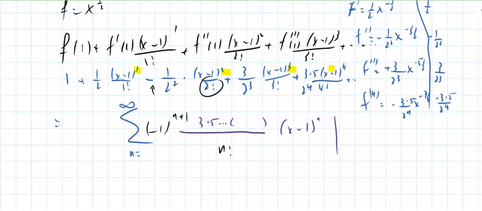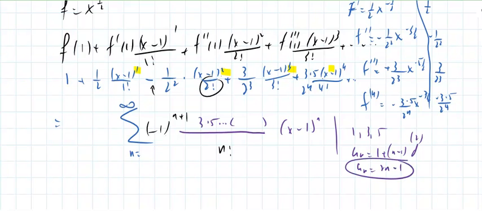Well, let's see. This is arithmetic: 1, 3, 5. a sub n is the very first term plus (n minus 1) times the common difference, and the common difference is 2. That's 2n minus 2 minus 1. If I put 2n minus 1 here, let's see if that works. If I let n equal 2, I'm looking at a negative, 2 factorial, (x minus 1) squared, and if I put a 2 right there, 2 times 2 is 4, minus 1 is 3.